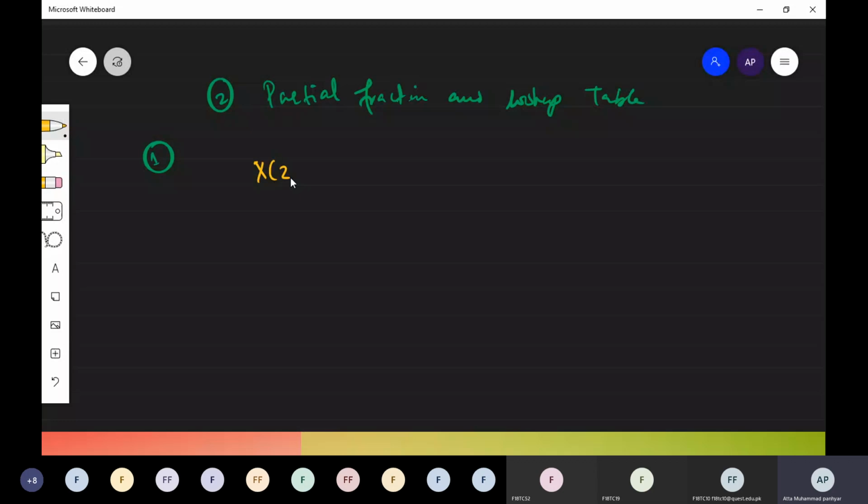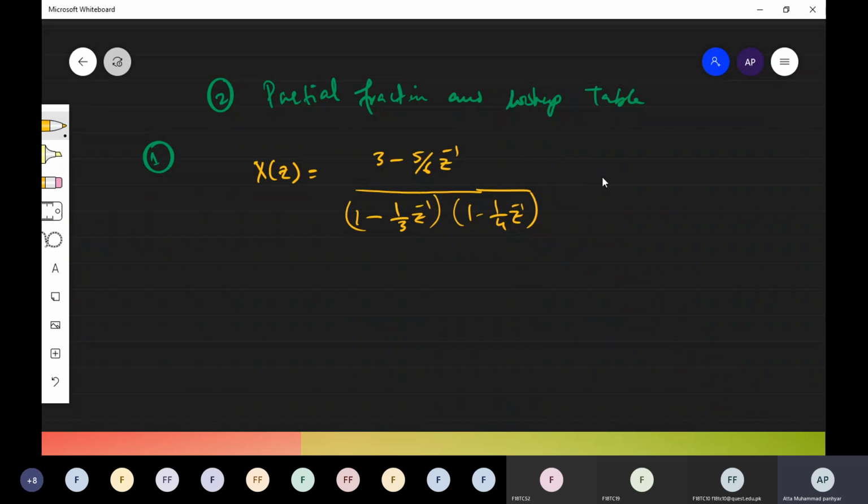For example, we have a signal x of z equal to 3 minus 5 upon 6 z inverse, upon 1 minus 1 upon 3 z inverse and 1 minus 1 upon 4 z inverse, right? And z is greater than 1 upon 3.